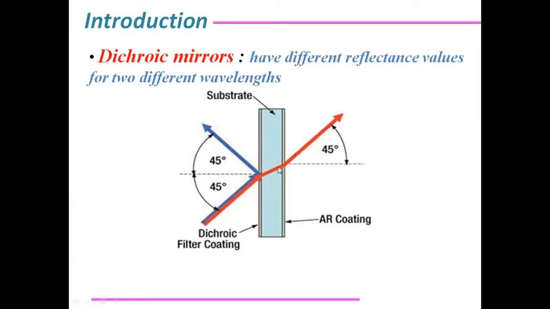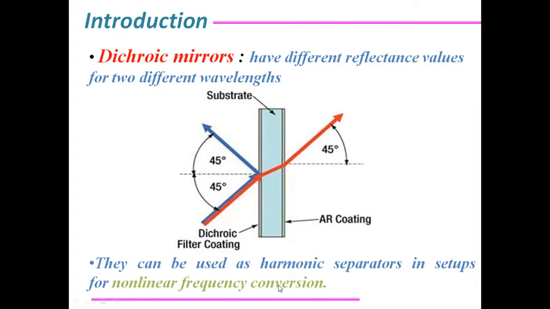Essentially, it allows the larger wavelengths to be transmitted and the shorter to be reflected. They are mostly used as harmonic separators in nonlinear frequency conversion, such as second harmonic generation, where we get two different wavelengths and we want to separate them. So it's another important type of mirror.